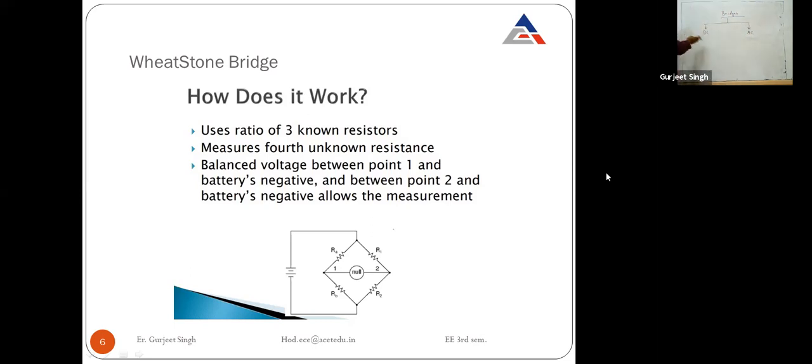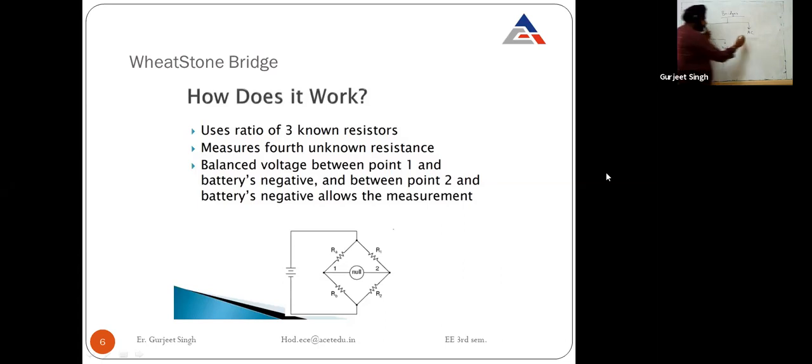DC bridges require a DC supply, and bridges that require an AC supply are called AC bridges. We further categorize the DC bridges into the Wheatstone bridge and the Kelvin bridge. These are the two types of bridges that come under the DC category.